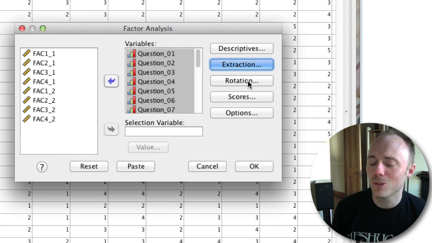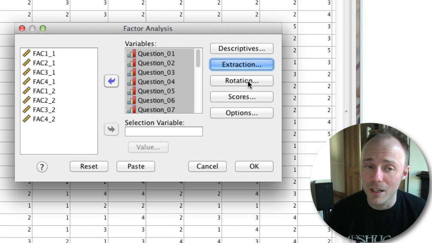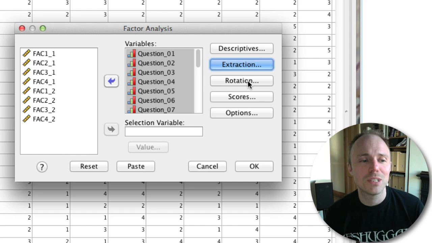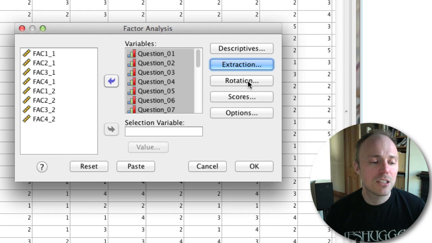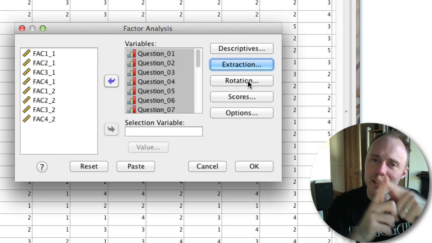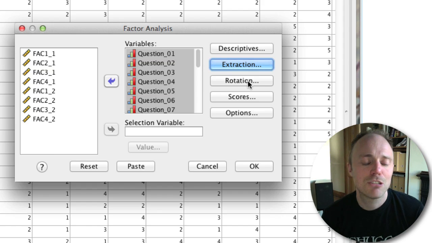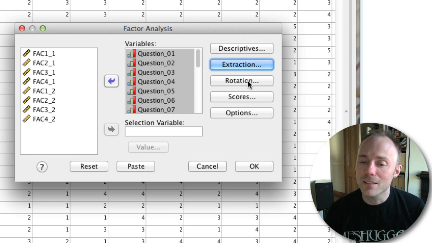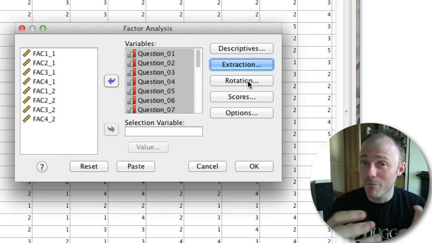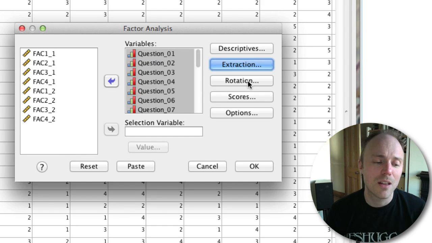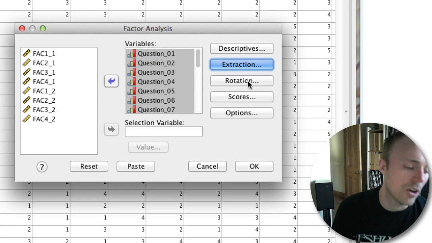Basically, it cleans up, or hopefully, fingers crossed, it should clean up the answer for you. Again, if you want more detail on rotation, read the book. But essentially, it's a way of manipulating the factors, or shifting them in geometric space to maximise variables' loadings on one factor and minimising the loadings on another factor. So it makes the answer as clear as it can be given the data that you've got.